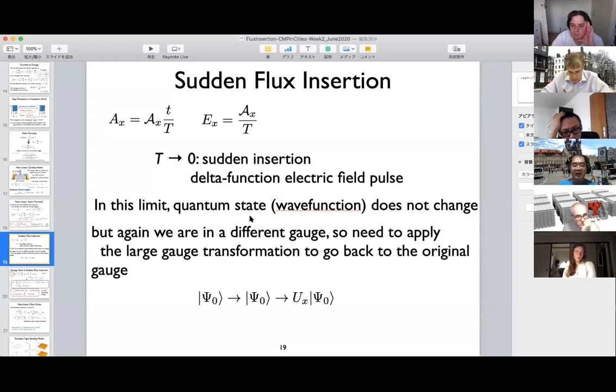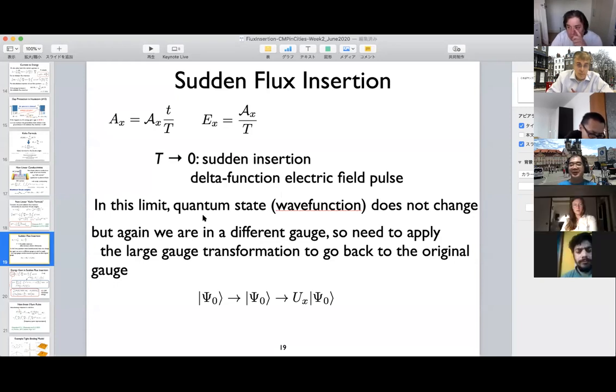And what becomes easy in this limit is that this is a typical case of the so-called sudden switching or quantum quench. So you had the 0 flux Hamiltonian, the 0 vector potential Hamiltonian, and you had the ground state. But at t equals 0, you suddenly switch on the vector potential.